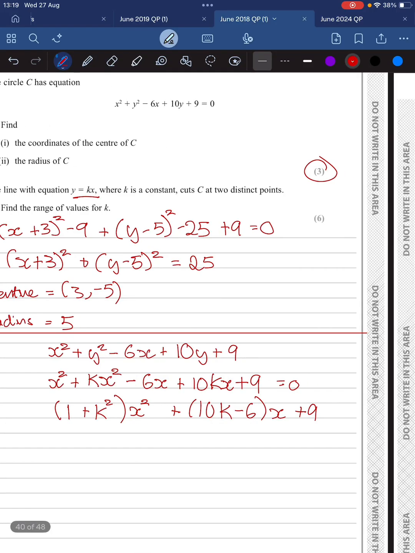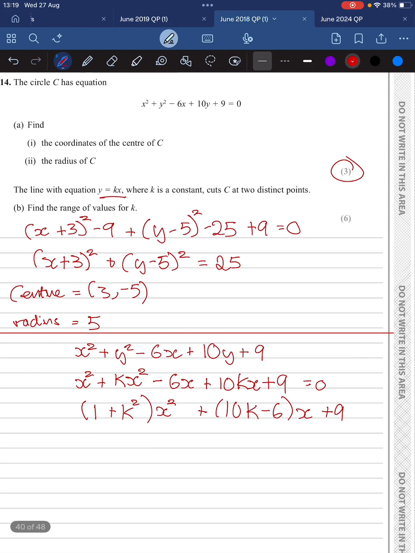Okay, because this would be correct only because we just take out the x squared, and we'll be left with 1 plus k squared.